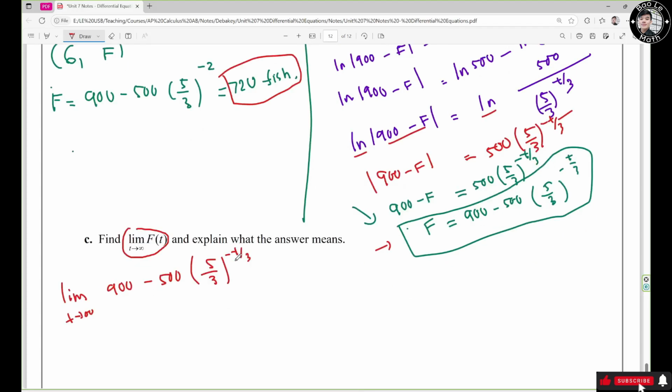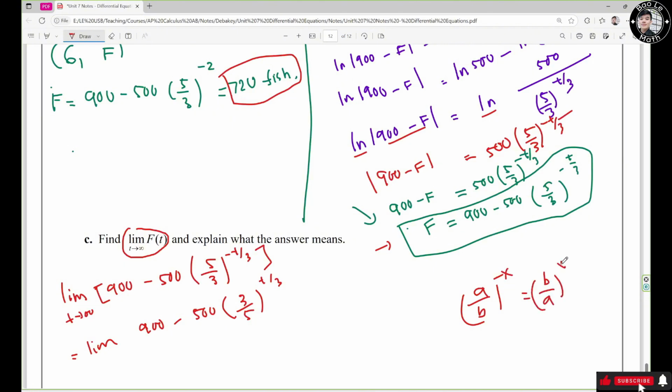Now we can convert this one to positive exponent by rewriting this one as limit of 900 minus 500 multiplied by, you just flip the fraction right here, 3 over 5, and then this guy becomes positive exponent t over 3. Alright, remember if you have a over b to the power of negative s, this guy becomes b over a to the power of s, so keep that in mind.